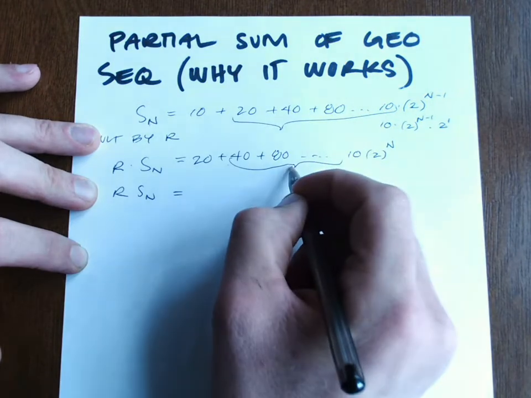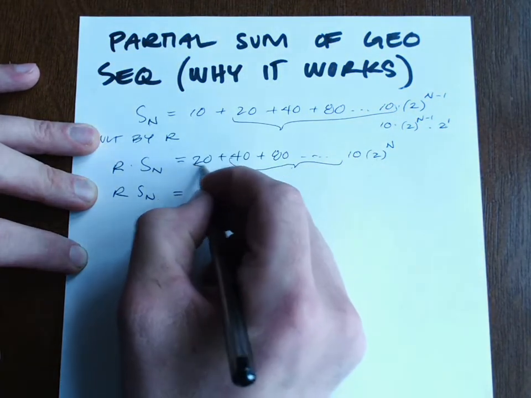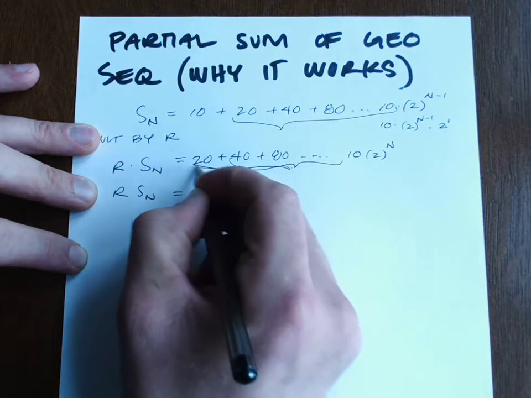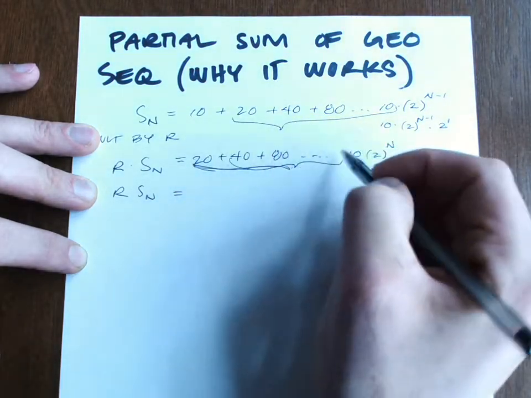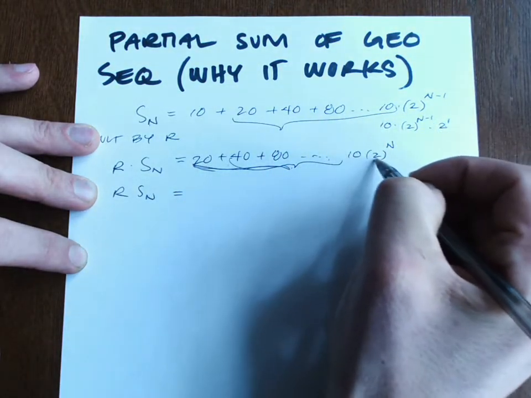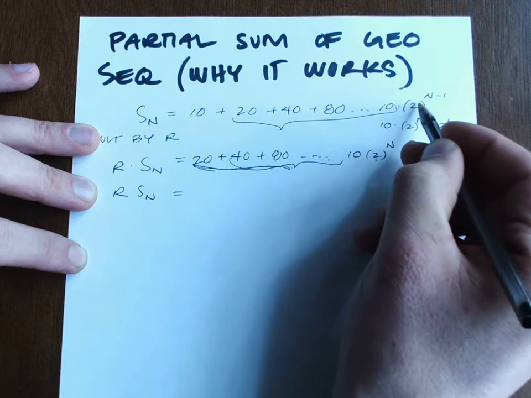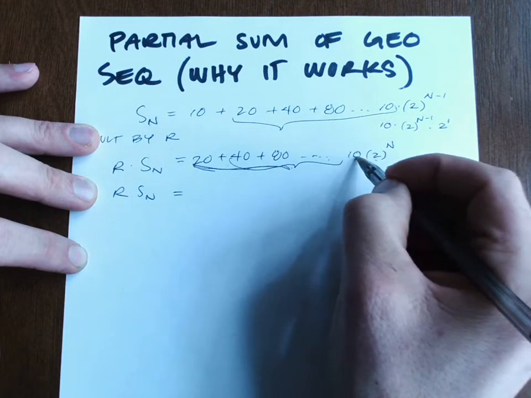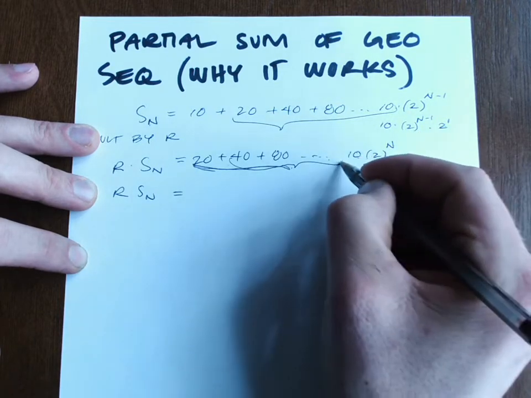All of these pieces are going to be represented here: the 20, the 40, the 80, even this term, which comes right before this one. That 10 times 2 to the n minus 1 precedes 10 times 2 to the n.